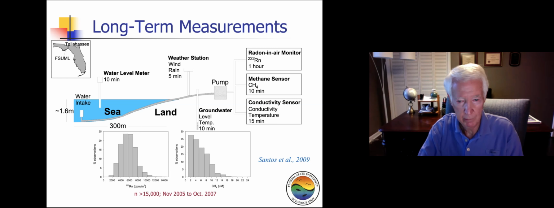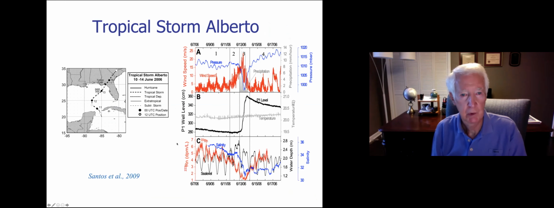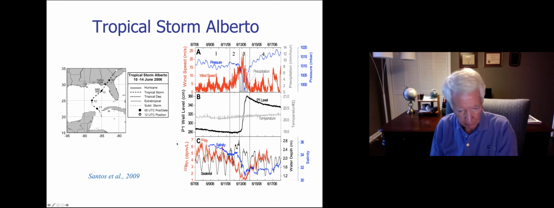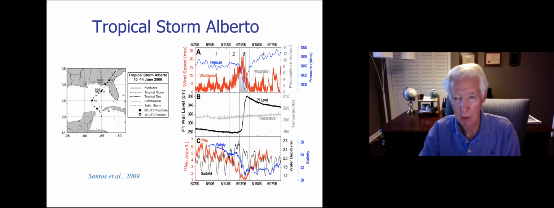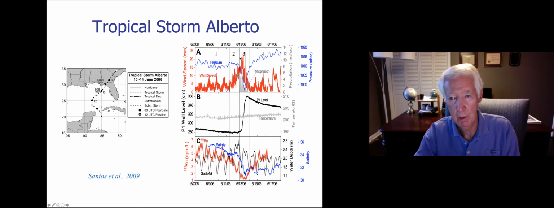And I thought one of the more interesting things that happened during this period was a storm came by, tropical storm Alberto, and a lot of interesting things went on here. Let me just focus because I notice I'm running a little late. The storm hit mainly during this period number 3.